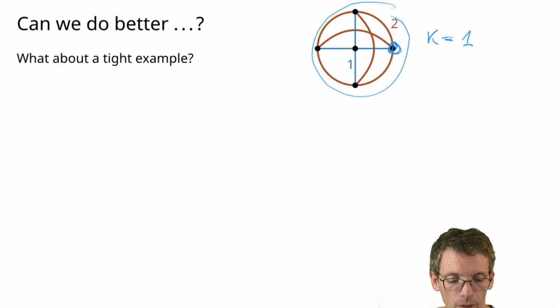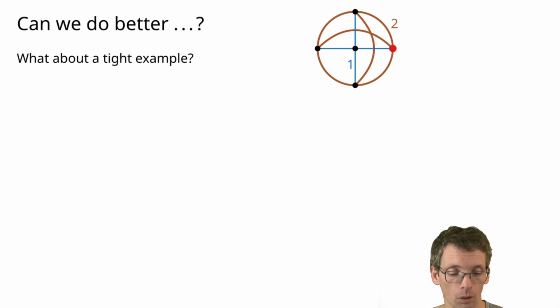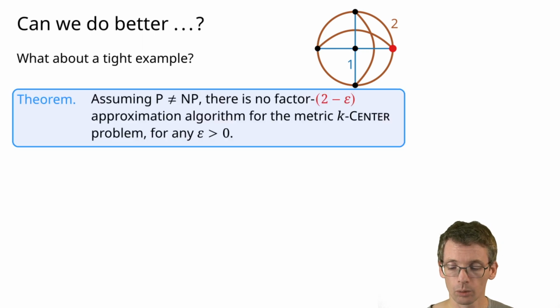So let's say we pick this vertex, that's a maximal independent set, but its cost is 2 because this one has distance 2 to it, while we could have simply picked the middle one and that would have had cost 1. So this algorithm is indeed just a true approximation, but here we can actually prove that we cannot do better.